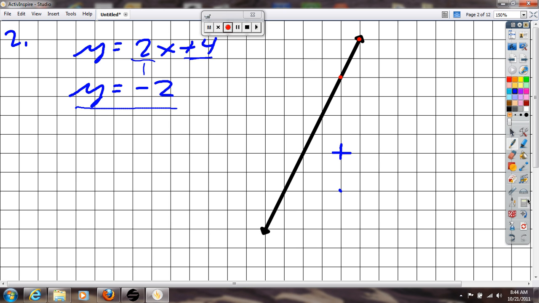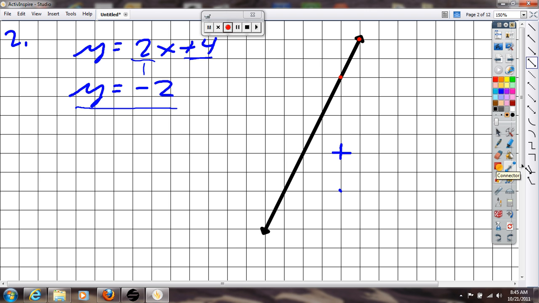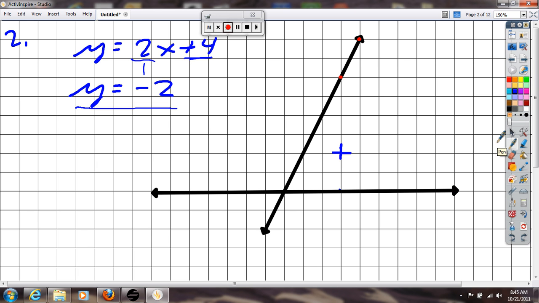Therefore, the line will go straight across your page. So I'm going to go over here and run the line this way. And again, we're looking for the point where they meet. Where do they meet at?